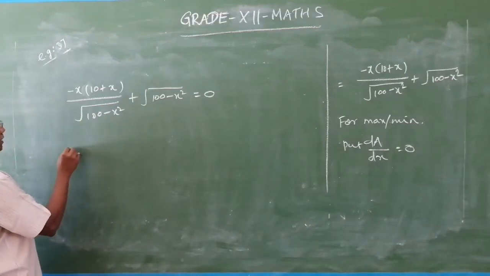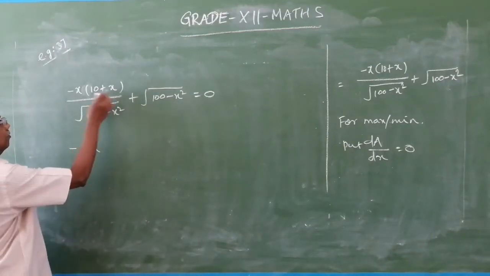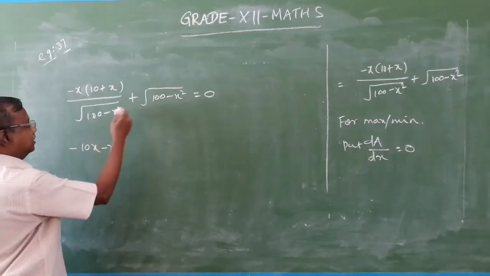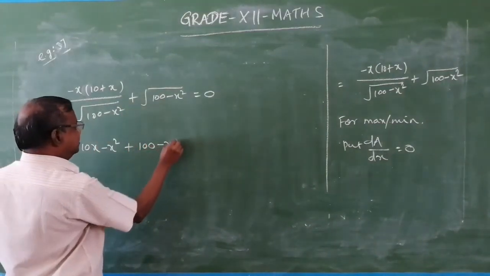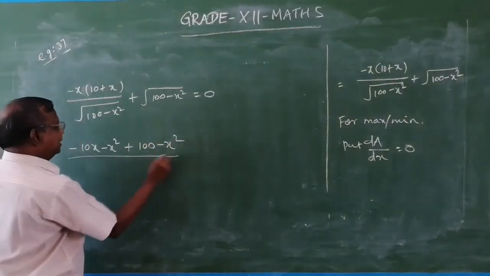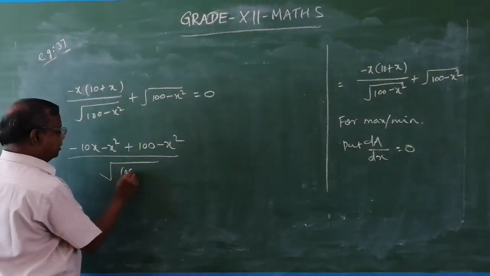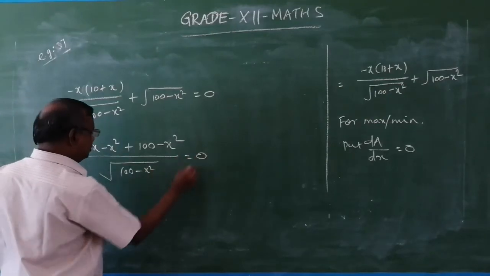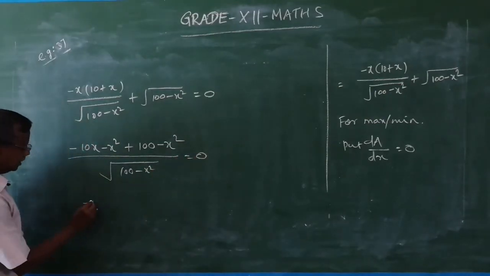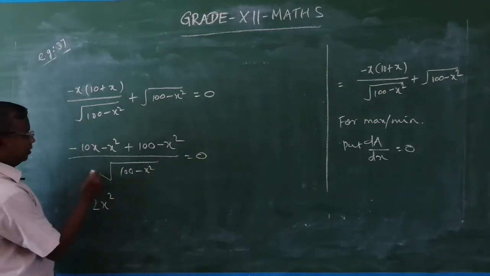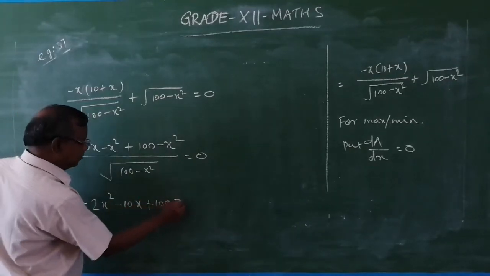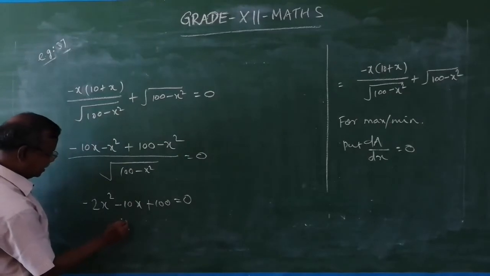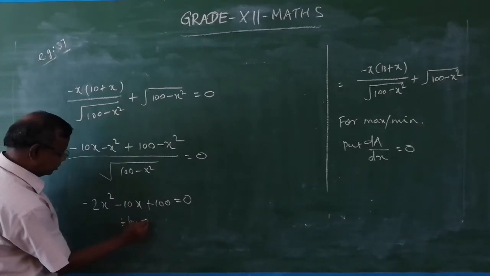Now taking LCM, minus 10x minus x square plus 100 minus x square, divided by root of 100 minus x square equal to 0, or minus 2x square minus 10x plus 100 equal to 0, divided by minus 2.